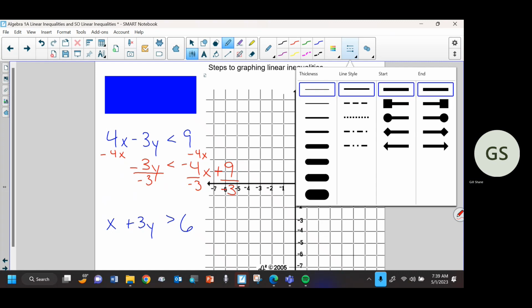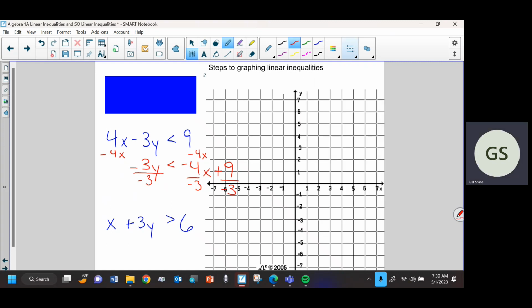Like that. A little easier to see. I'll just do it on this side over here. We're dividing the -4 by -3 and the +9 divided by -3. Have to divide both numbers, remember that.